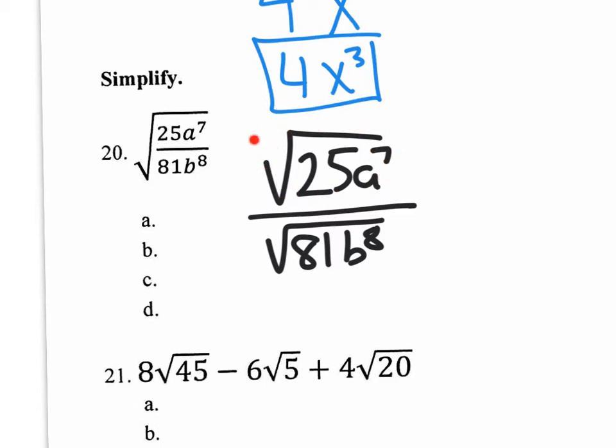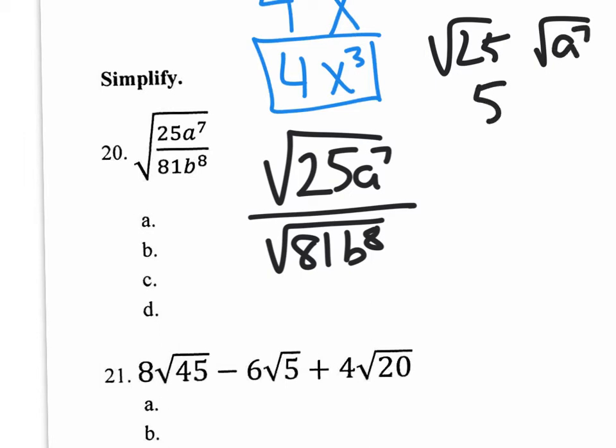If I had this problem, the square root of 25a to the 7th, I would split the root. I'd have the square root of 25 and the square root of a to the 7th. The square root of 25 is 5. Now, the square root of a to the 7th, I want to change that to a rational exponent. Or I could rewrite a to the 7th as a squared times a squared times a squared times a to the 1, right? But I would rather get used to changing it to a rational exponent.